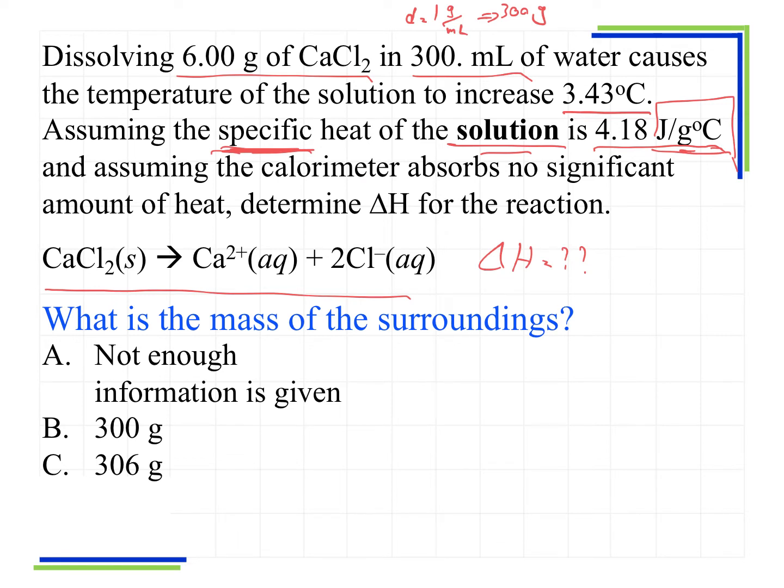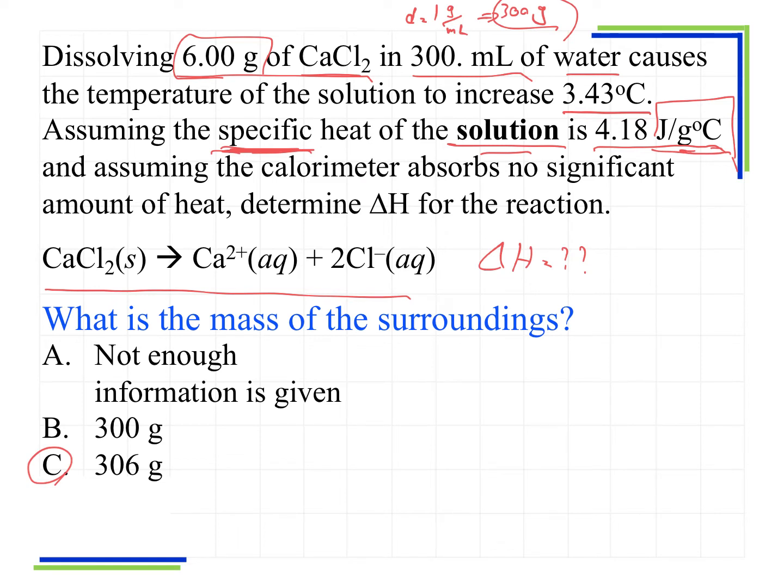Our surrounding is the solution that the reaction takes place in, and the mass of the solution is the mass of the solute, which is the calcium chloride, and we have 6 grams of it, plus the mass of the solvent, which is water, and we have 300 grams of it. So the mass of the surrounding is the sum of these two, and it's 306 grams of solution.